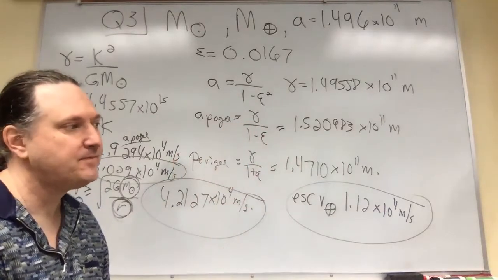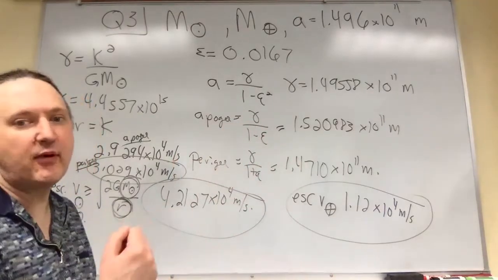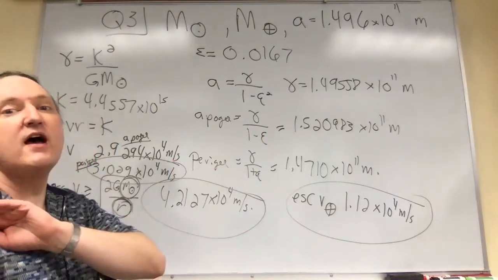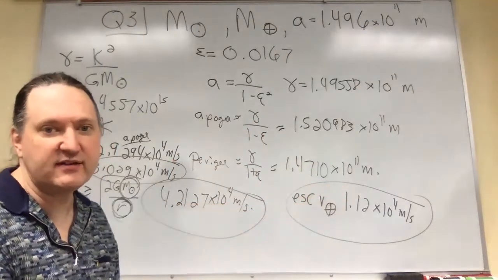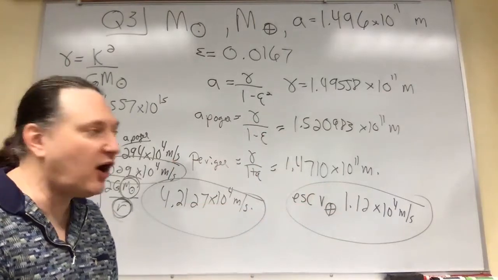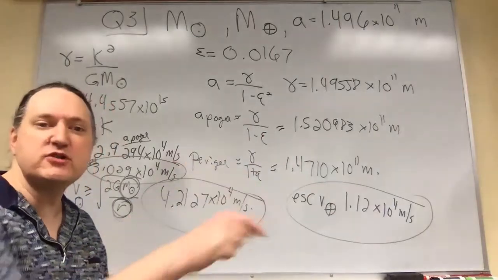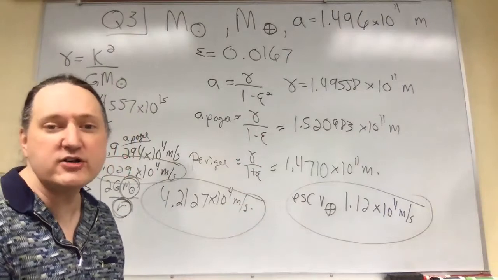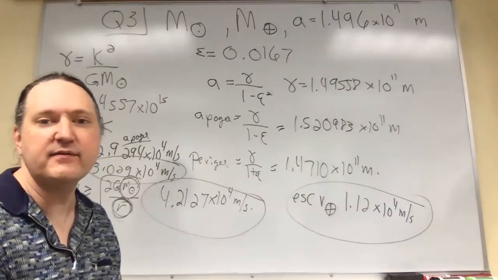Let's take the opposite point of view. Let's think about Jupiter. Jupiter is much further out than the Earth is, and wildly much bigger. So the escape speed at Jupiter is much larger than it is on the Earth.